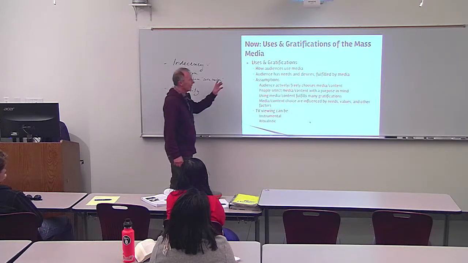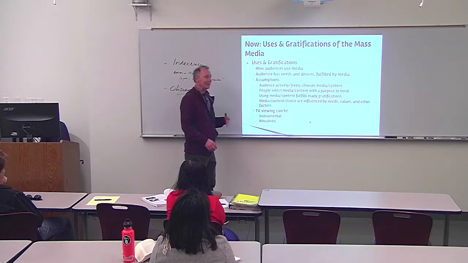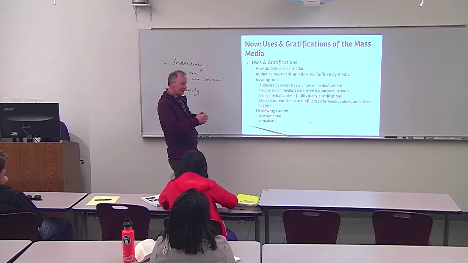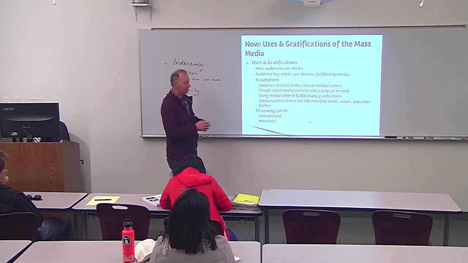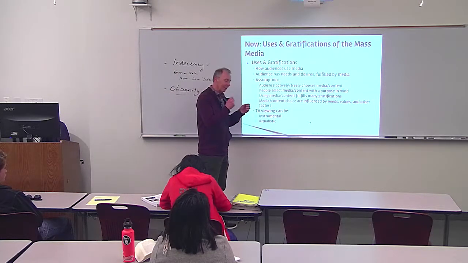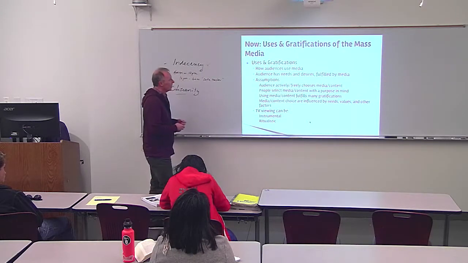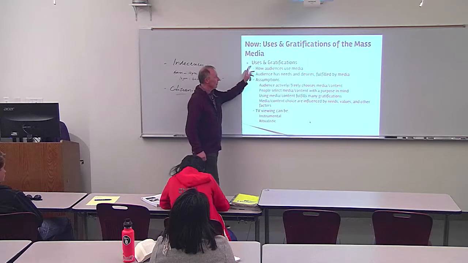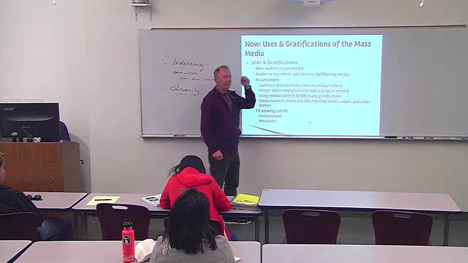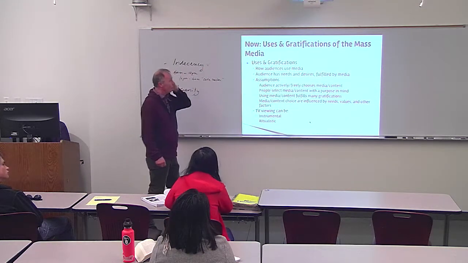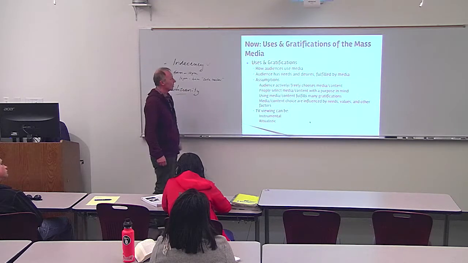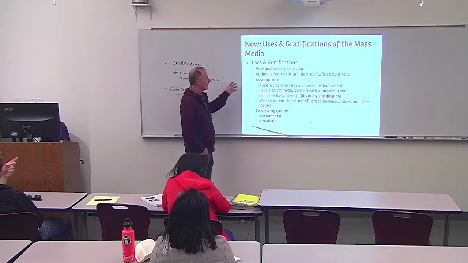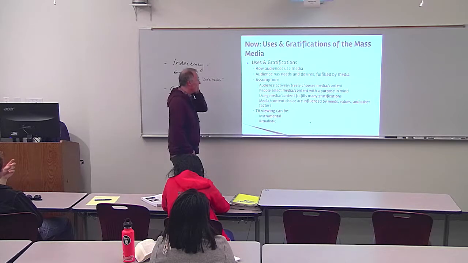Uses and gratifications has a different idea. It's kind of like the media sets out a table of content for us, and we browse and graze and choose what we want based on how useful it is to us and how gratified we are by using it. So this whole paradigm is called uses and gratifications, looking into how audiences actually use media.